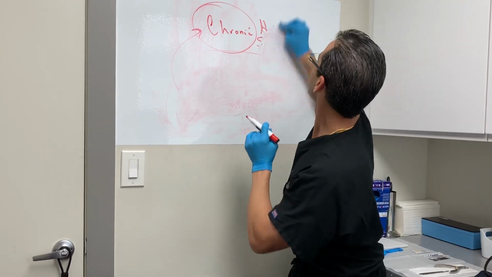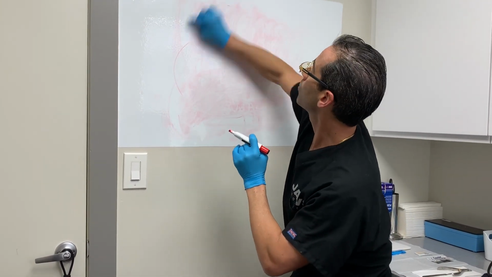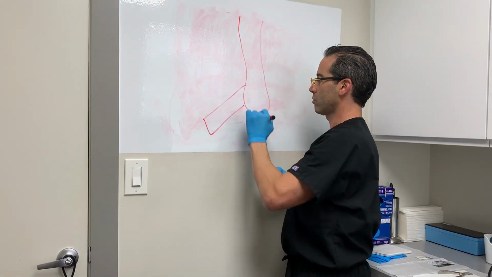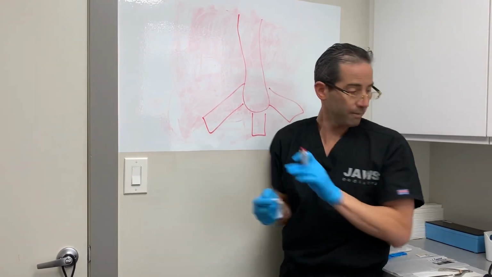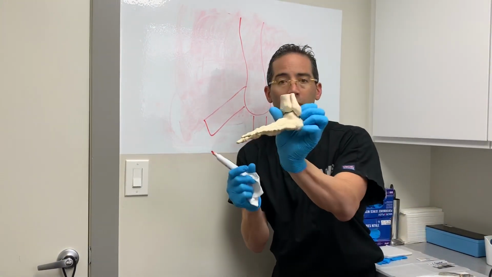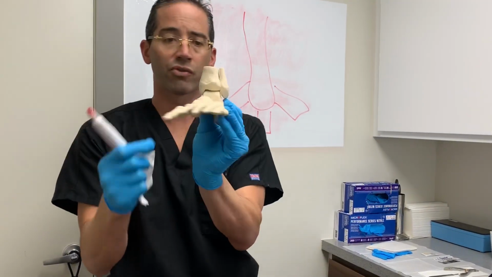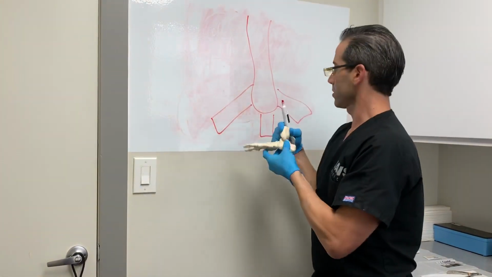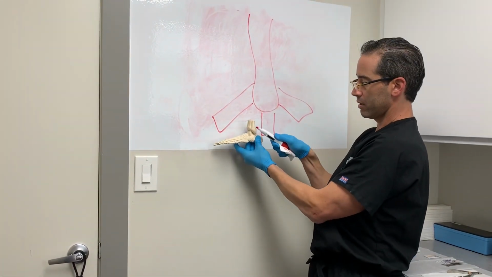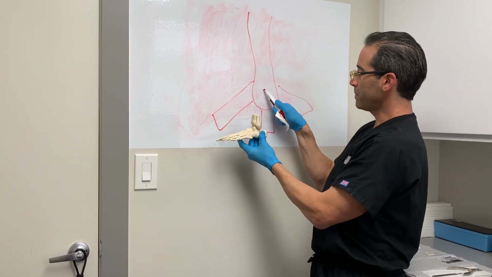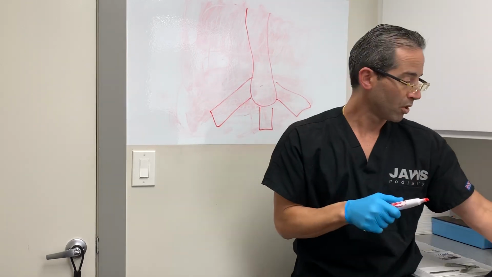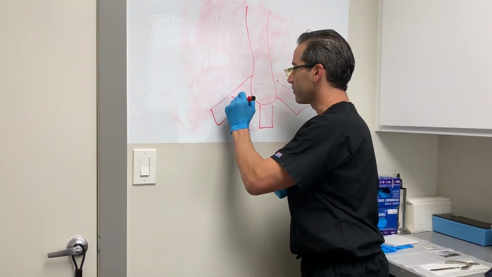So let's talk a little bit about anatomy 101, right? Let's just say this is the fibula. The ankle joint is made up of three bones. We have the talus, tibia, and fibula. So we're looking at this picture kind of like that, right? And the fibula has three very important ligaments.